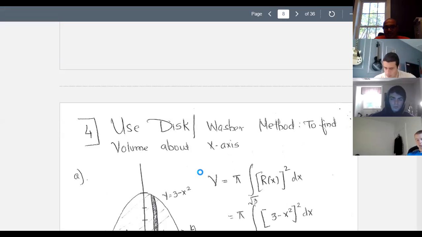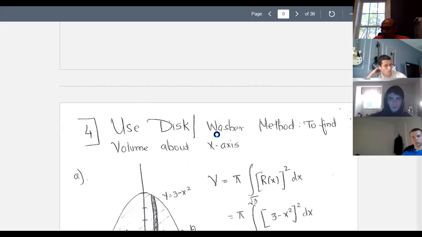So volume, disk and washer method, I gave you the hint yesterday. The disk and washer method provides you the volume of the given region. There is some difference between disk and washer. Another method is the shell method.